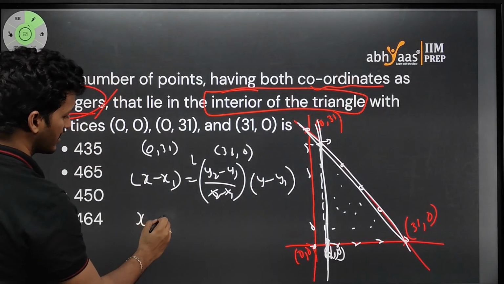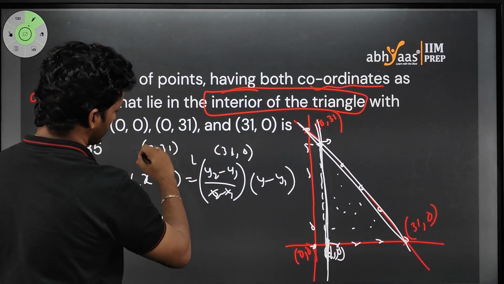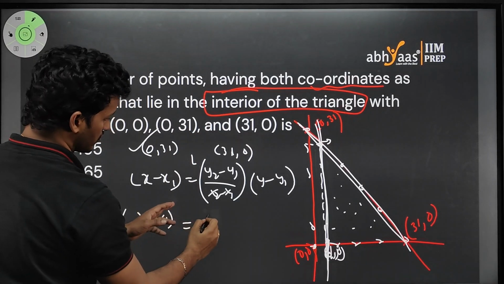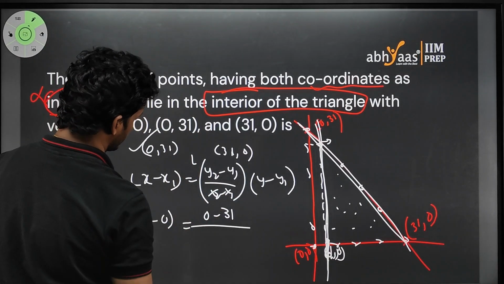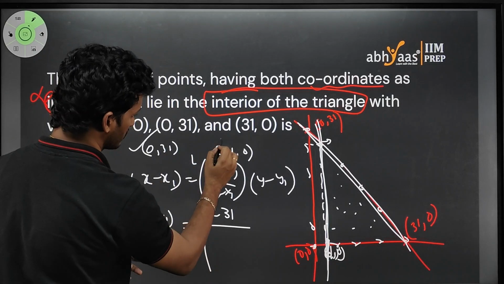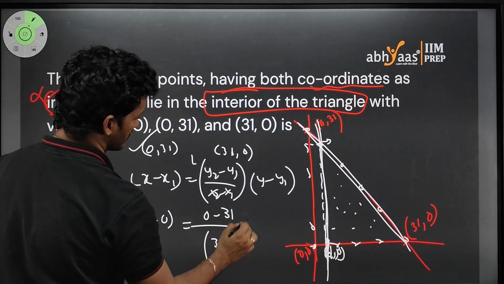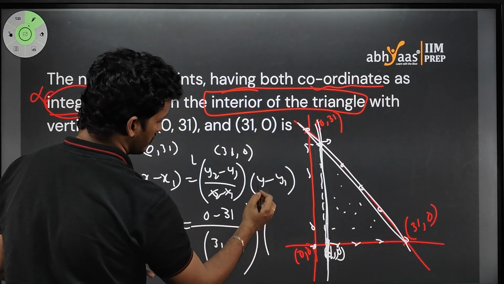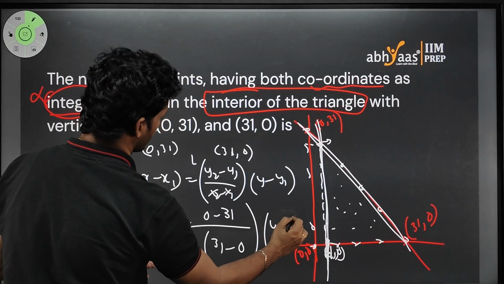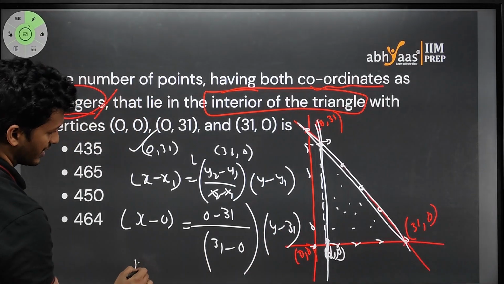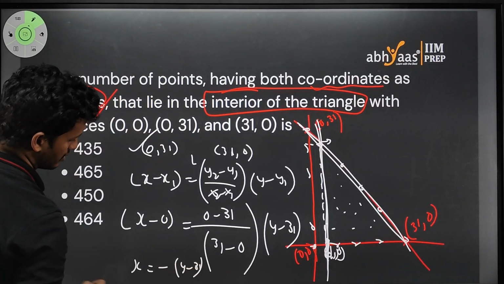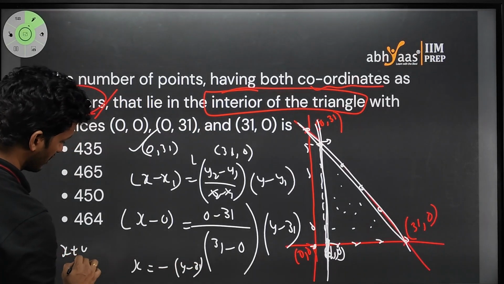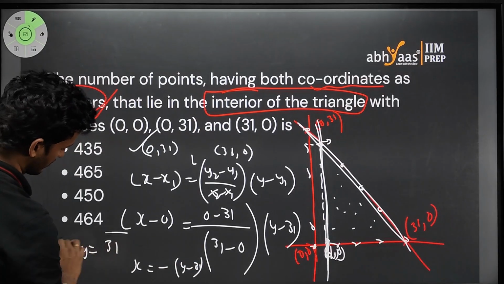So let us take x minus 0. I'm working with this one. So x minus 0, y2 minus y1, so 0 minus 31, divided by x2, 31 minus 0, into y minus 31. So my equation would be x is equal to minus y plus 31, so x plus y equals 31.